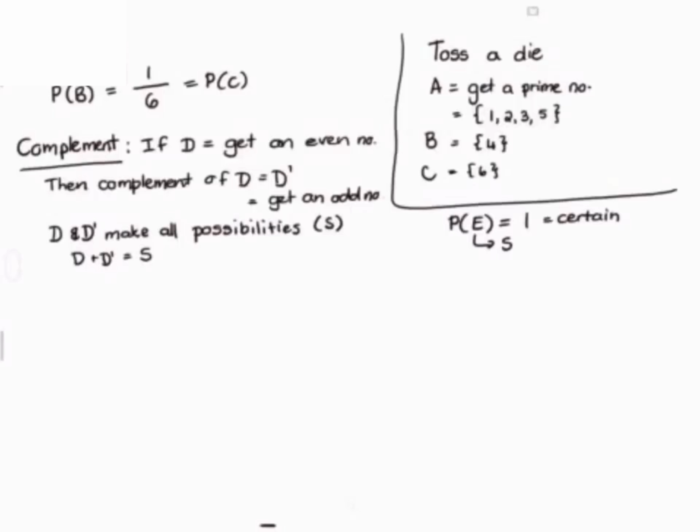In other words, the probability of getting a 1 or a 2 or a 3 or a 4 or a 5 or a 6 is 1 because you are going to get one of those. It is certain. So that means the probability of an event plus the probability of its complement will always equal 1 because they make up the full sample space.